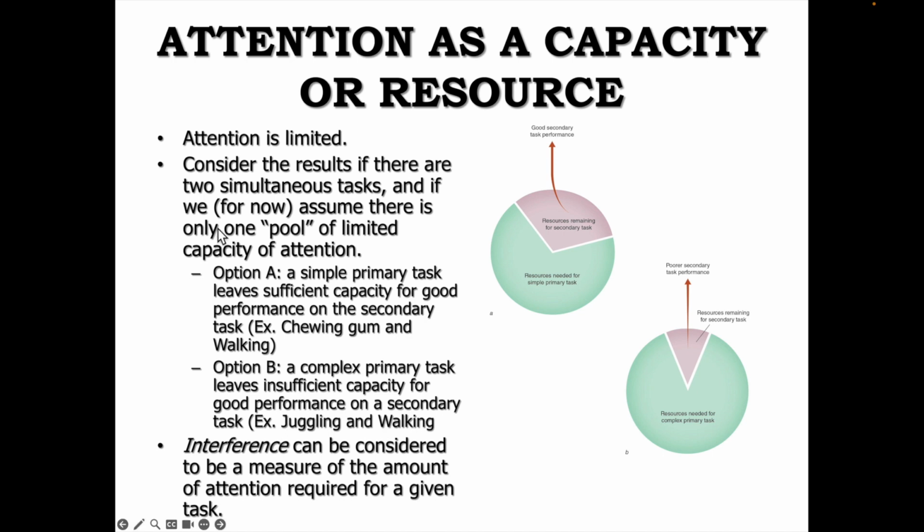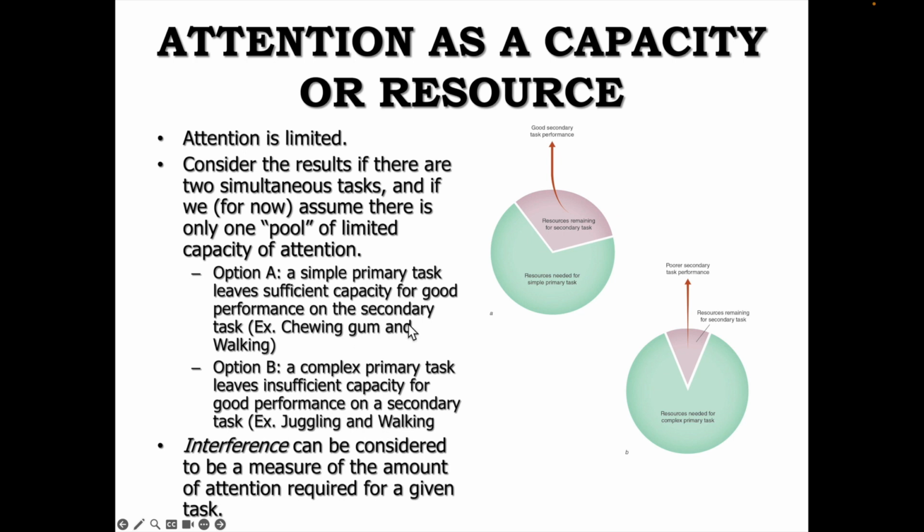Let's take a look at two different options. Option A has a simple primary task that we don't have to devote a whole ton of attention to, and therefore we can devote a lot more attention to the secondary task.